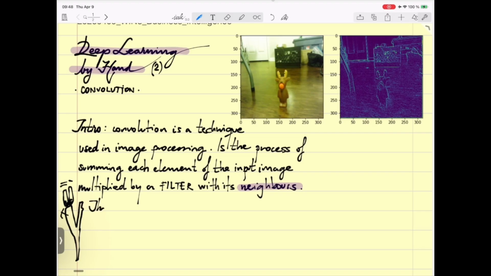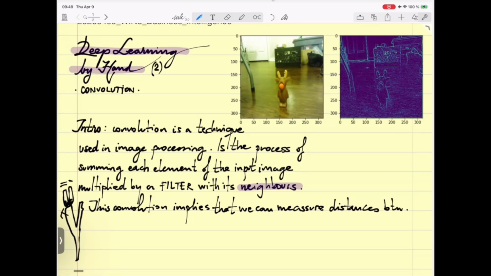This convolution implies that we can measure distances between elements of the domain.